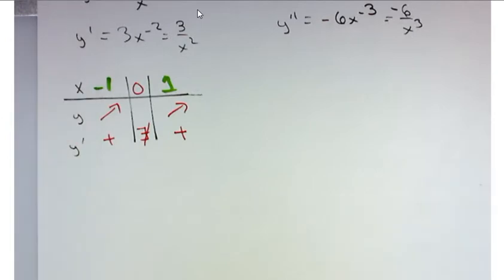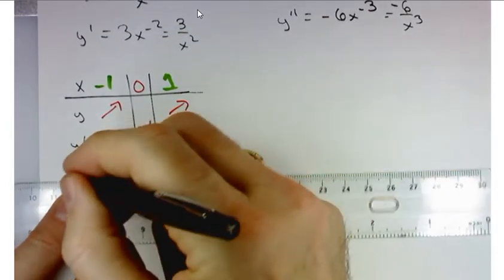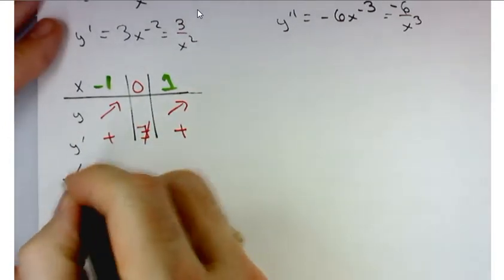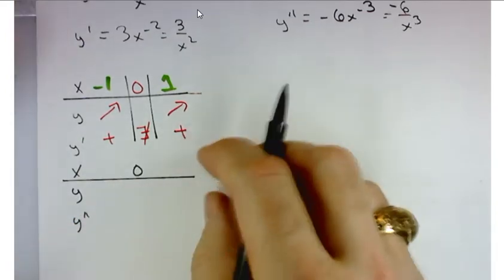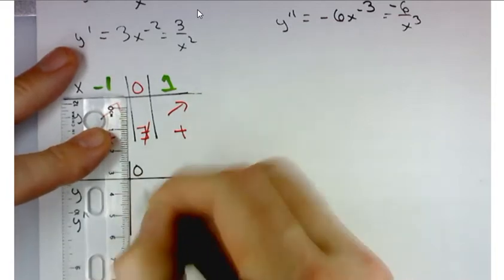Let's take a look at the second derivative. So for the second derivative, I have a similar case to the first derivative, in as much as at 0, that's the only place where the second derivative can change signs.